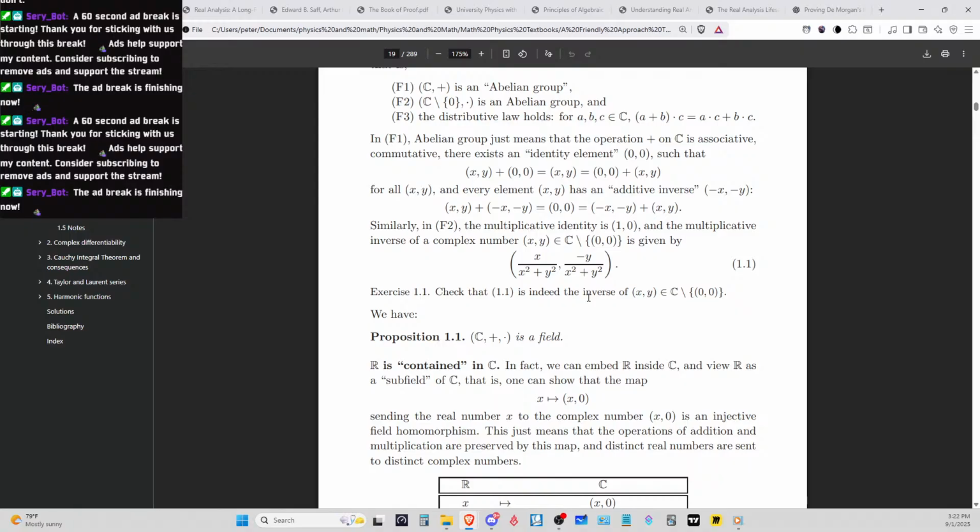That's exactly what they wanted. Let's see. Check that 1, 0 is indeed the inverse of.